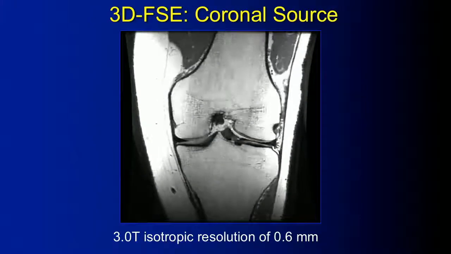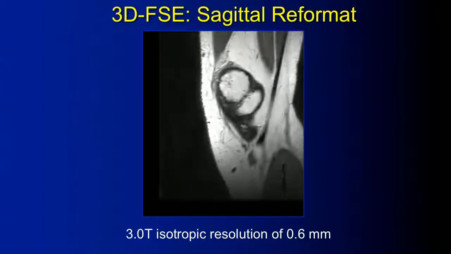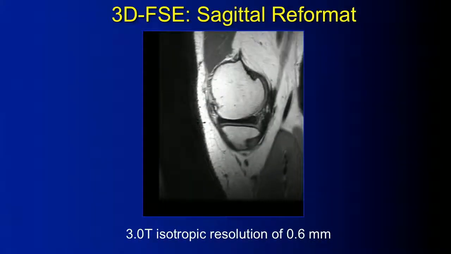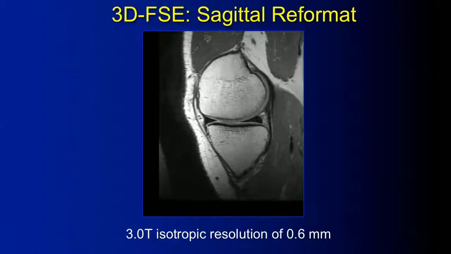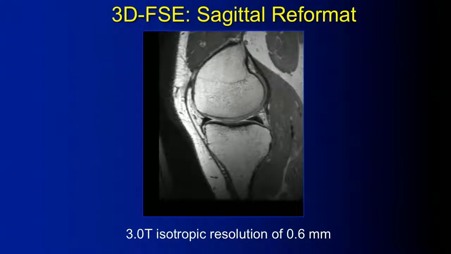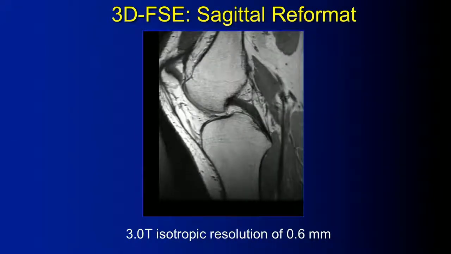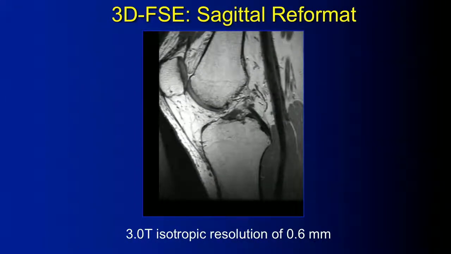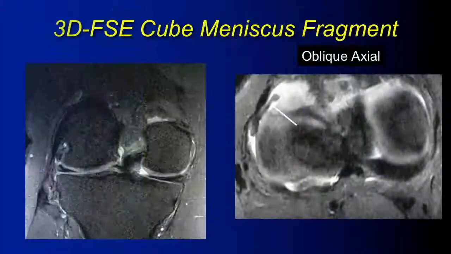So like 3D CT, it's fairly easy to reformat this into different planes, such as the sagittal plane here. So in principle, if you don't mind having a single type of intermediate or proton density weighted contrast, you could replace all of your knee sequences with a single isotropic acquisition for a clinical scan.